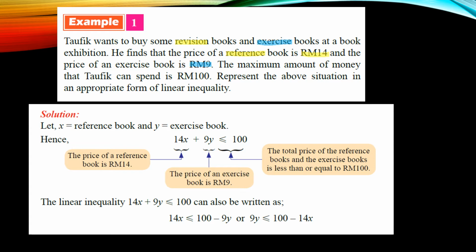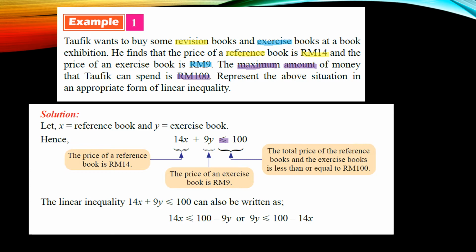Why do we put less? This follows the information given that the maximum amount of money that Taufik can spend is 100 ringgit. That means he has only 100 ringgit. He cannot spend 101 ringgit or 102 ringgit.